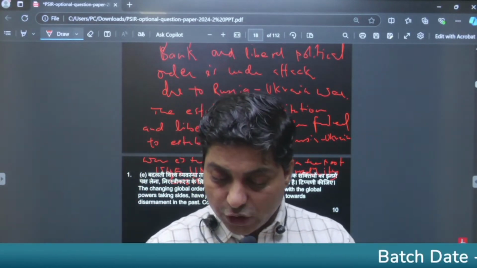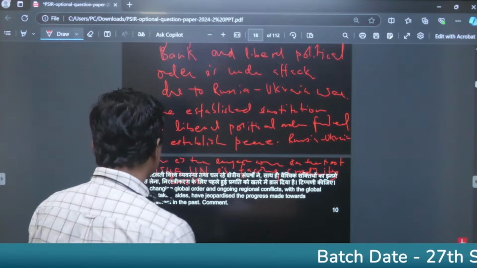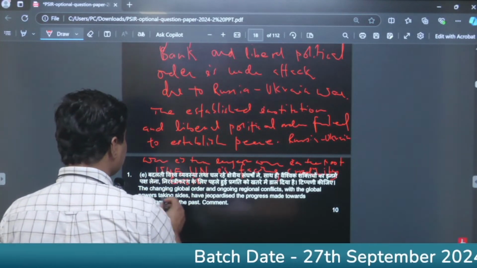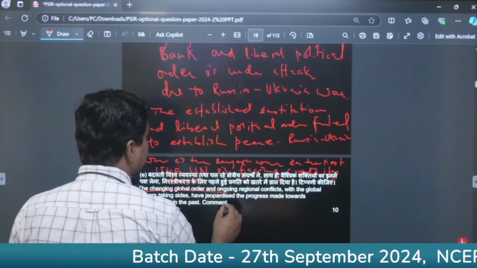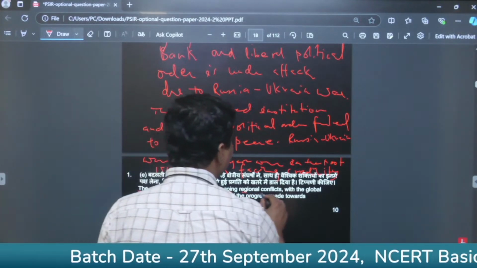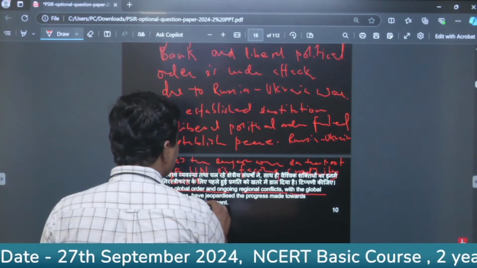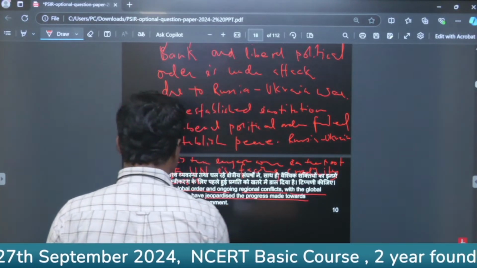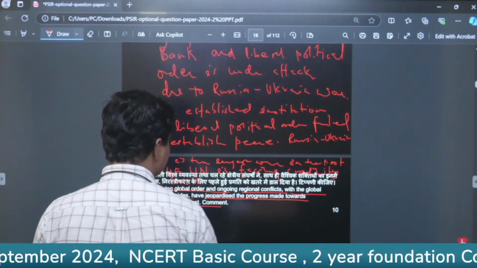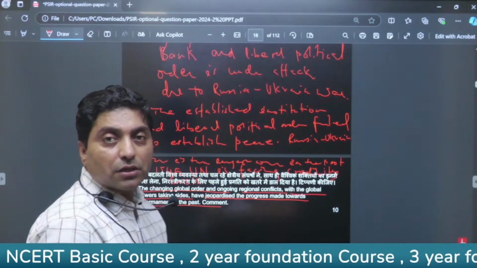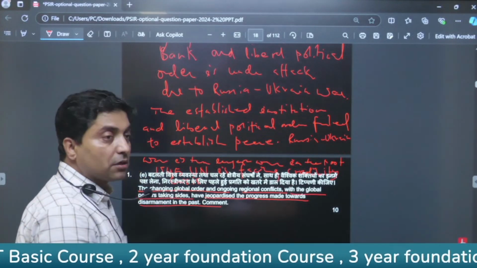Now let me tell you the next question, which is related to the last question. The changing global order and ongoing regional conflicts, with the global powers taking sides, have jeopardized progress towards disarmament in the past. Now you can begin with the new Cold War.